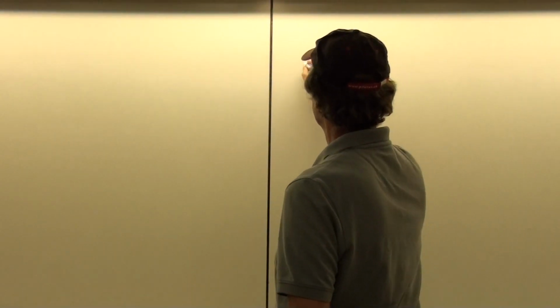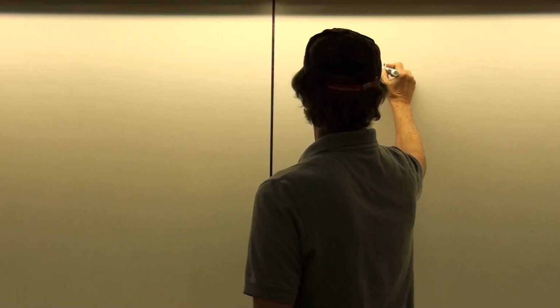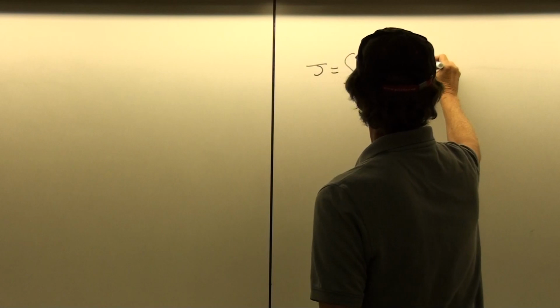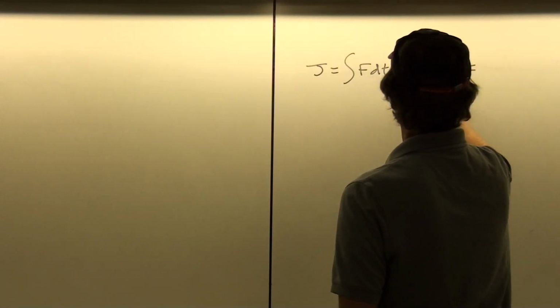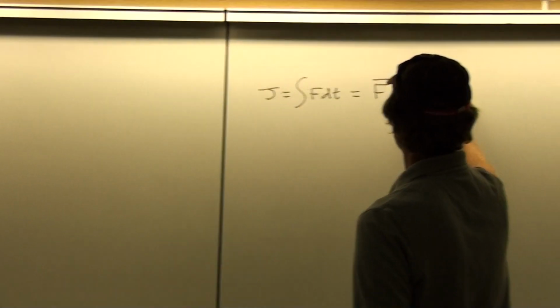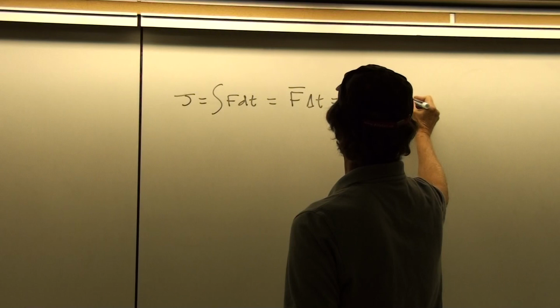All right, we're going to continue looking at some momentum calculations and examples. Recall that we have this relationship for impulse, J is equal to the integral of F dt, or in the impulse approximation, F average times delta t, but in either case it's equal to the change in momentum, mv final minus mv initial.